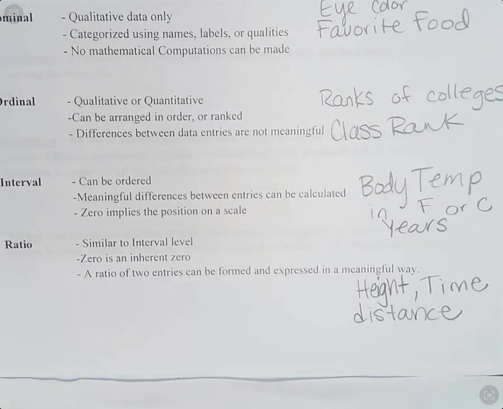So an example would be heights of 180 centimeters and 90 centimeters for a high school student and preschool student. 0 centimeters represents no height, and 180 centimeters is twice as tall as 90. So we can use the words twice, 3 times to compare them.